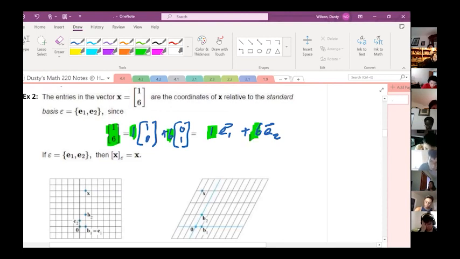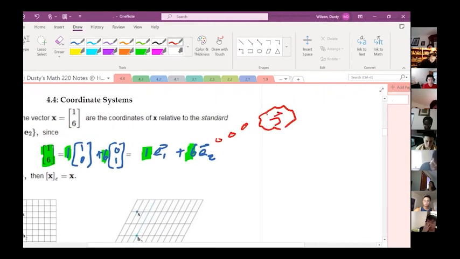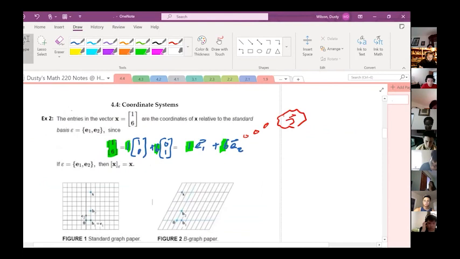And remember, when you see E1 or E2, you're thinking, in this case, this is the J vector, or this E1 is the I vector, something like that.